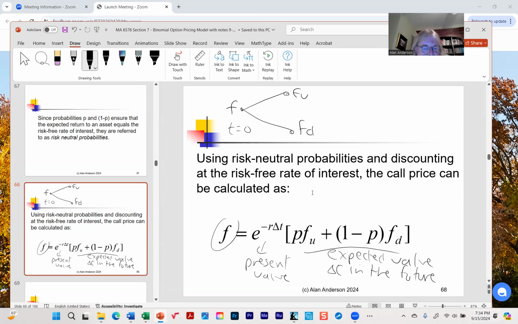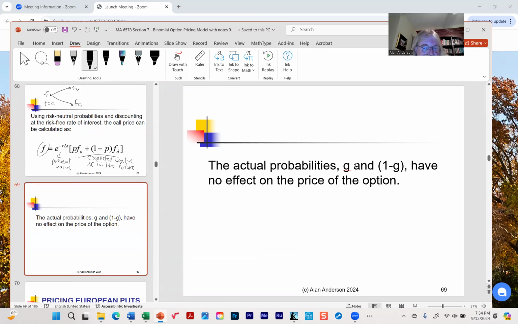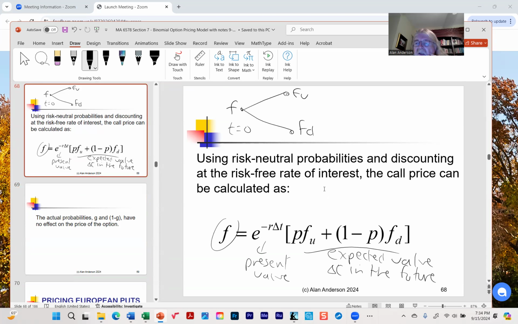Now, you notice what's missing from all this is G, the real world probability of going up or down. It makes no difference. We don't need it. You're thinking, how is that possible? Because the way the framework is set up, risk preferences do not affect the final result.